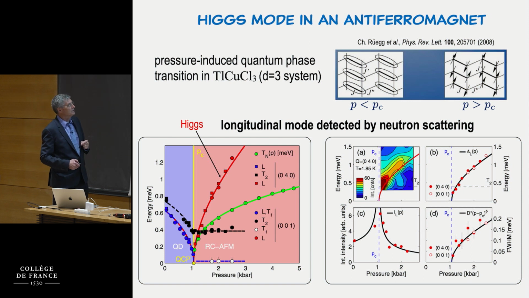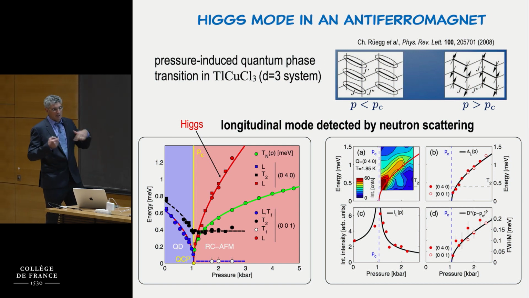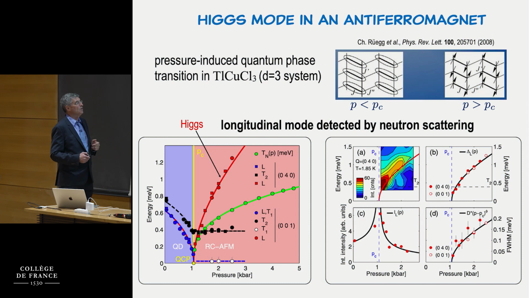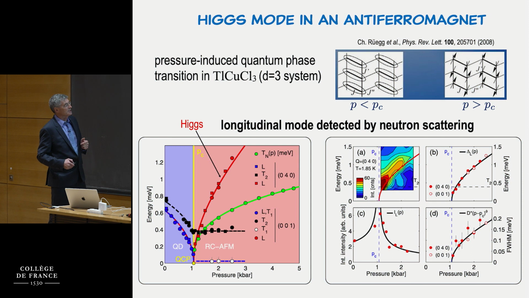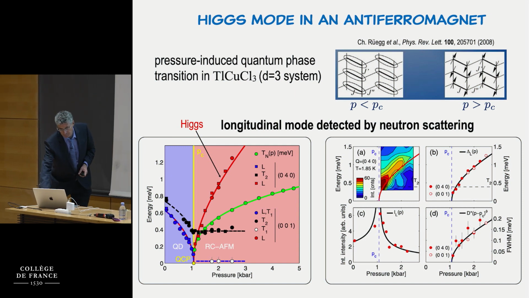And what they saw is when they go through the transition between a Néel-ordered magnet and something which is a quantum paramagnet, or a model where the spins are fluctuating such that there are no moments, there's no long-range order, this transition as a function of pressure at 0 temperature is associated, as you can see, with vanishing of a longitudinal mode. And that was really a nice demonstration of the amplitude mode in antiferromagnets.